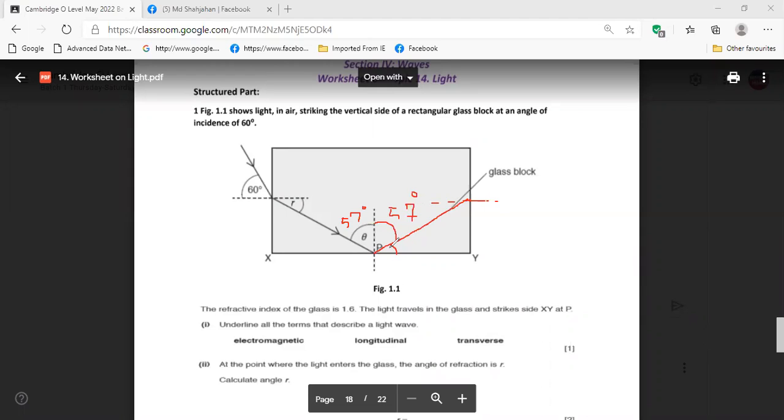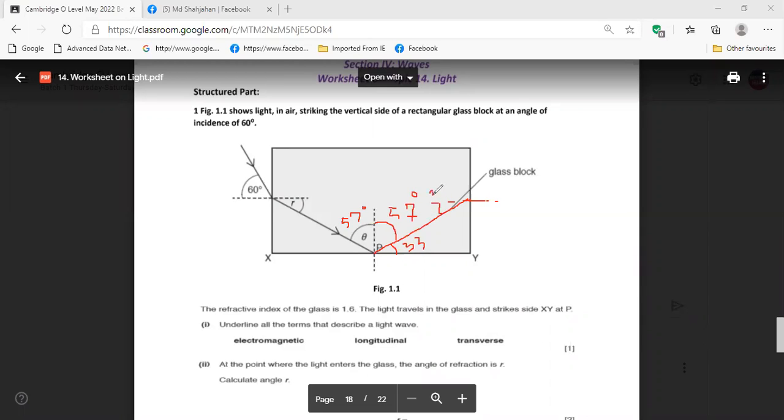Calculate 90 minus 57, 33. So you write here 33. If it is 33, that means this one will also be 33, isn't it? According to geometry, alternate angles. So we are writing here also 33 degree.